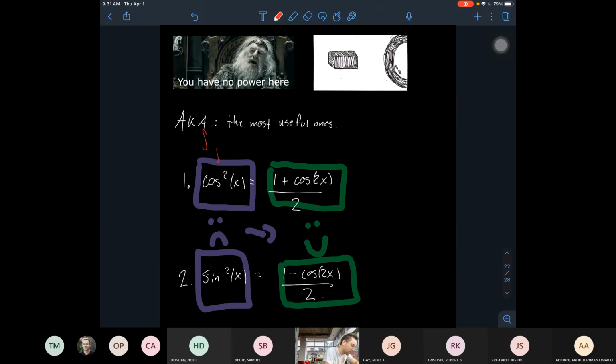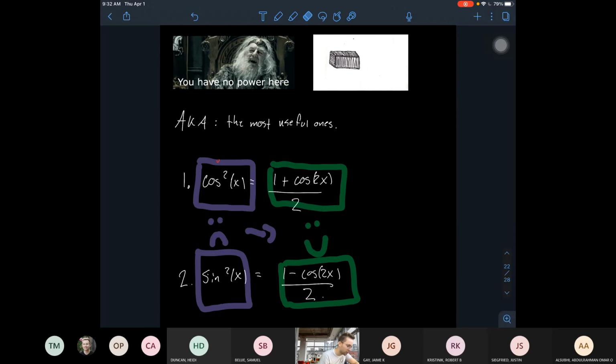And taking an integral of the right-hand side is a piece of cake. So this is why we care a lot about these formulas, okay? So if you remember one thing, let it be that cosine squared x and sine squared x are the devil, and we would much rather work with these fractions on the right-hand side.